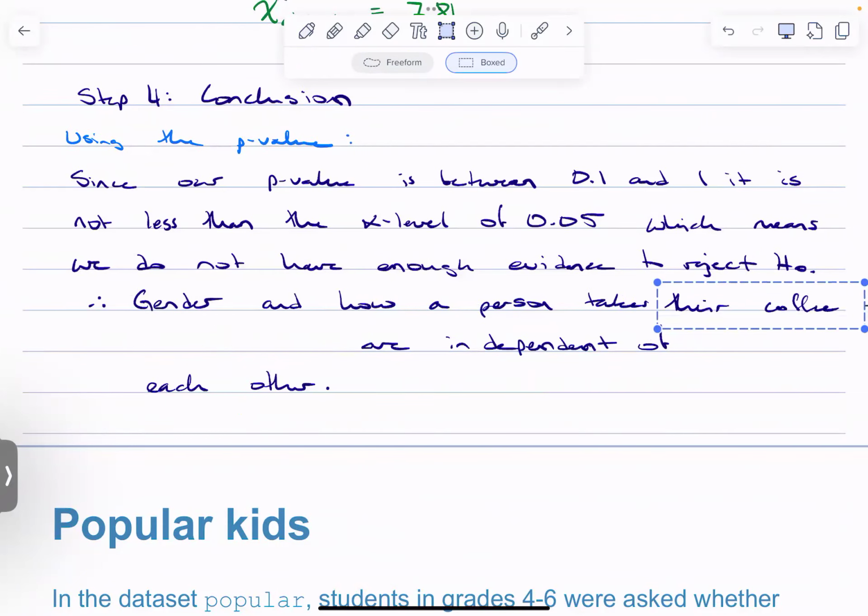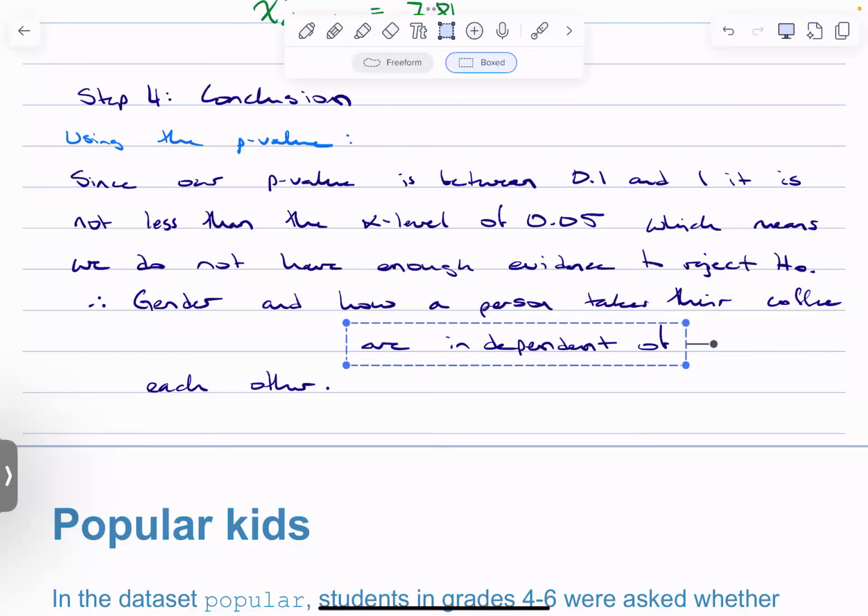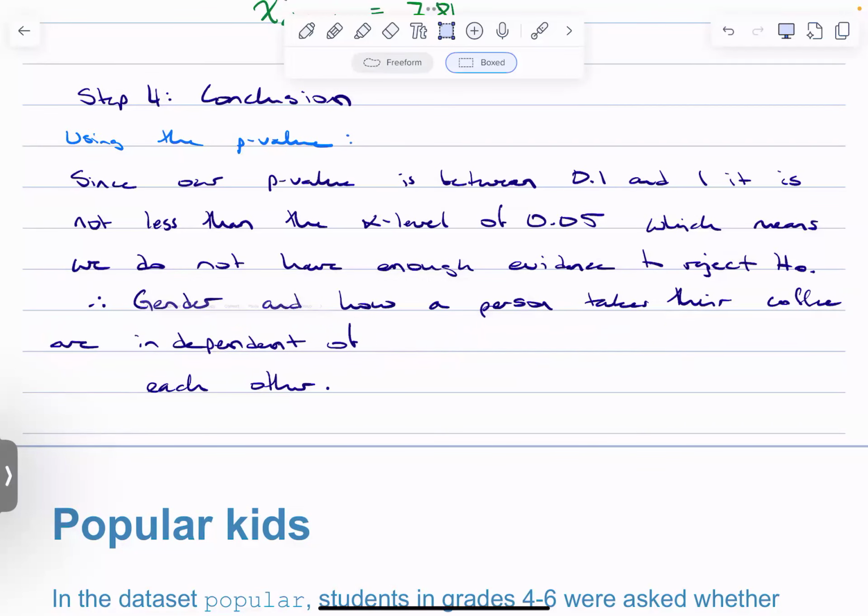Gender and how a person takes their coffee are independent of each other. There, not sure that saved any time.